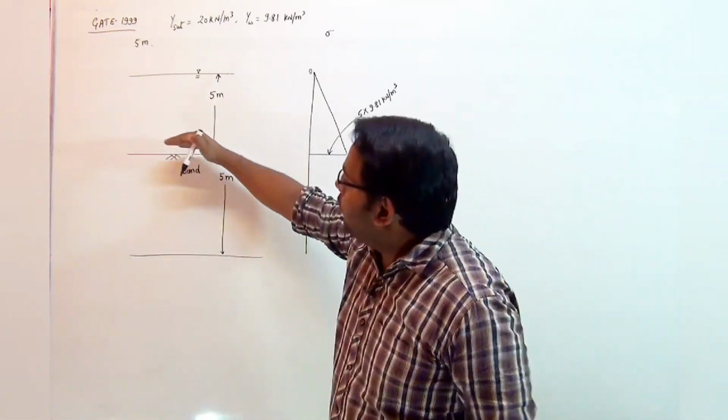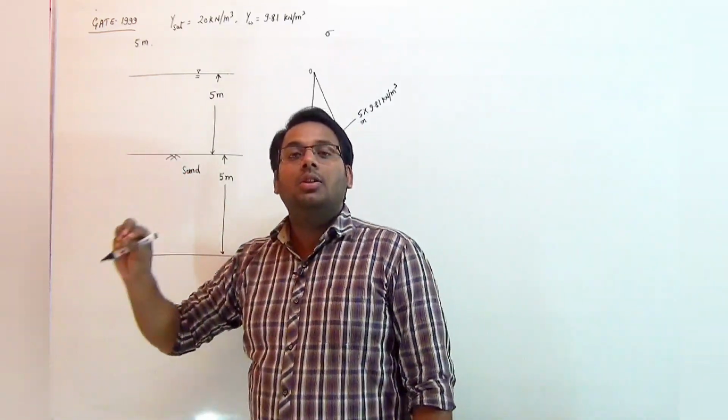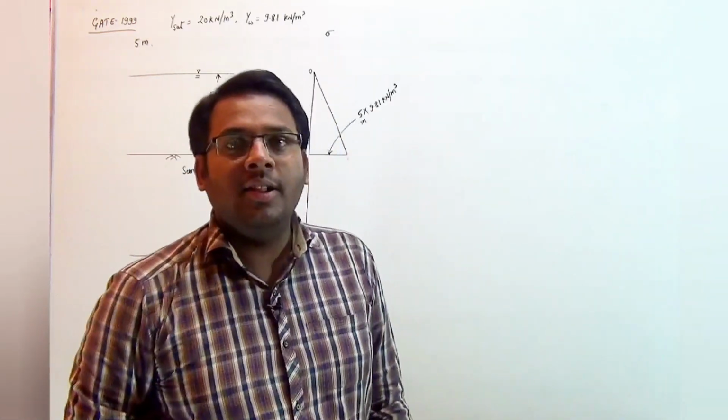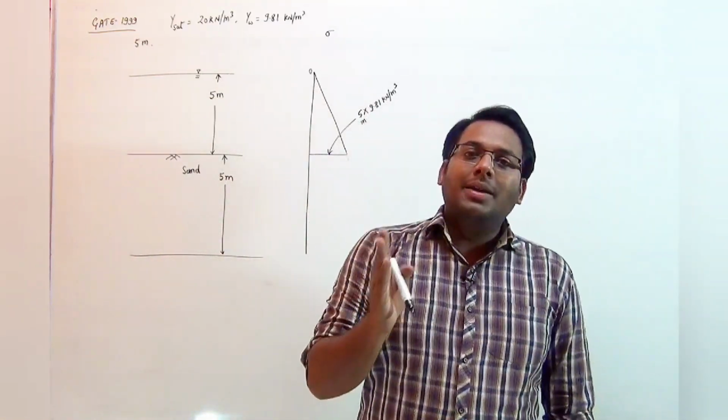Below the river, sand is present, and as all the voids of the sand are filled with water, the weight of sand will increase by gamma saturated.